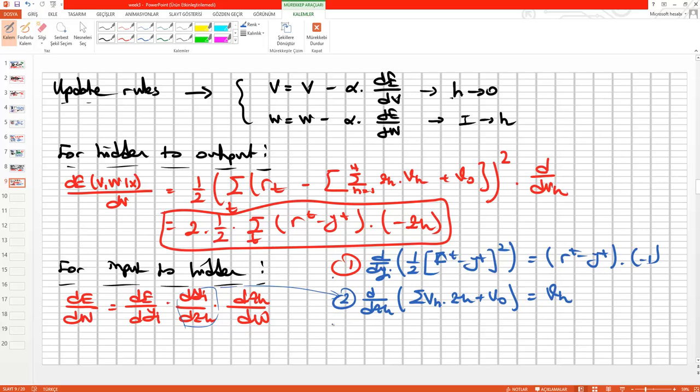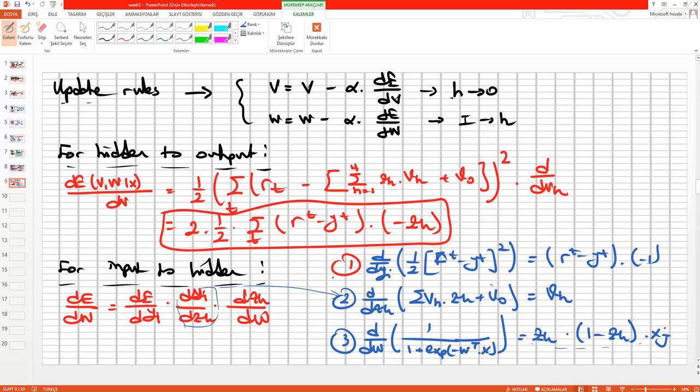And so in the third place we have dz_h/dw like this one, 1 divided by 1 plus exponential of minus w^T x. This is the simple representation of the sigmoid function, and this is a special solution we have here, z_h times (1 minus z_h) times x_j. This is coming from the total mathematical formulation. If you take the derivative of the sigmoid function, we will have this expression.